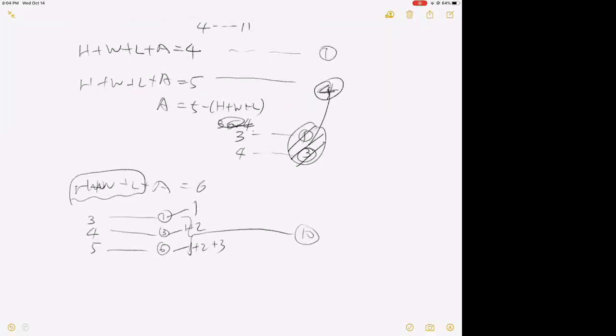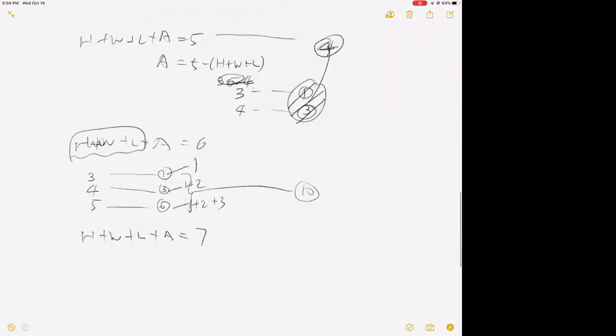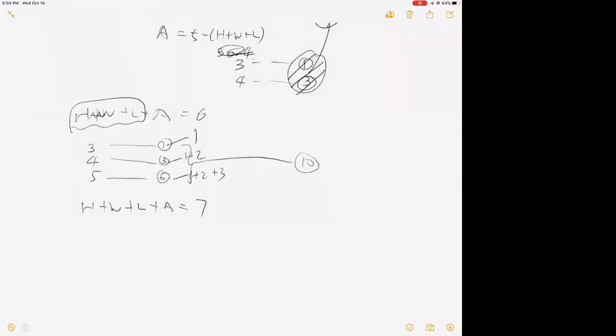And for 7 you have the sum of the first 4 numbers. So you have 1, 1 plus 2, 1 plus 2 plus 3, 1 plus 2 plus 3 plus 4, right?